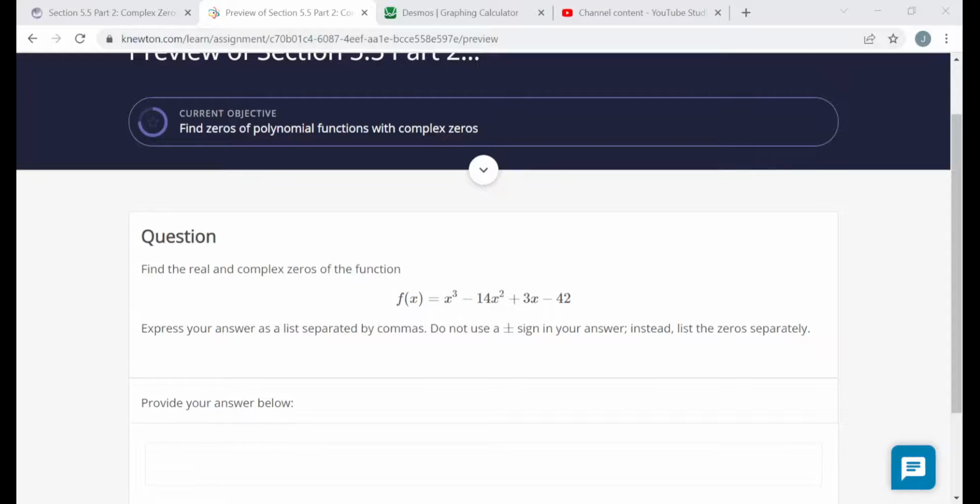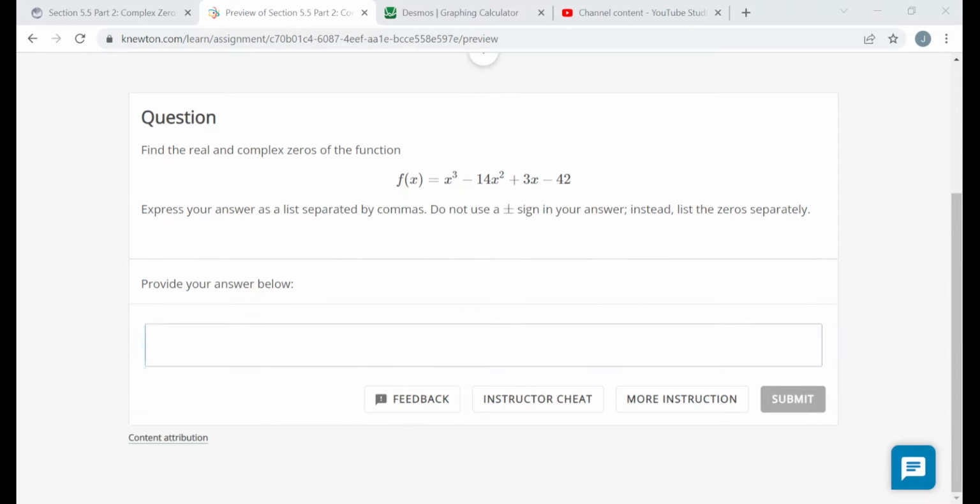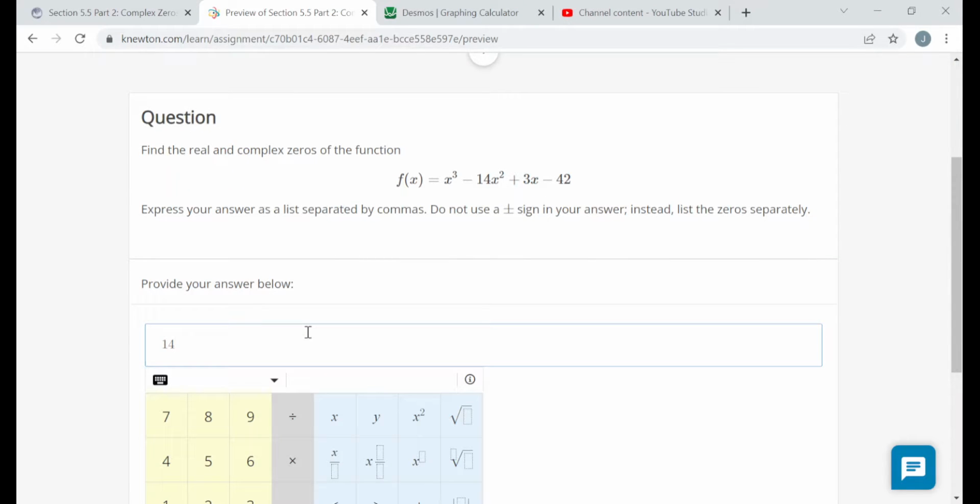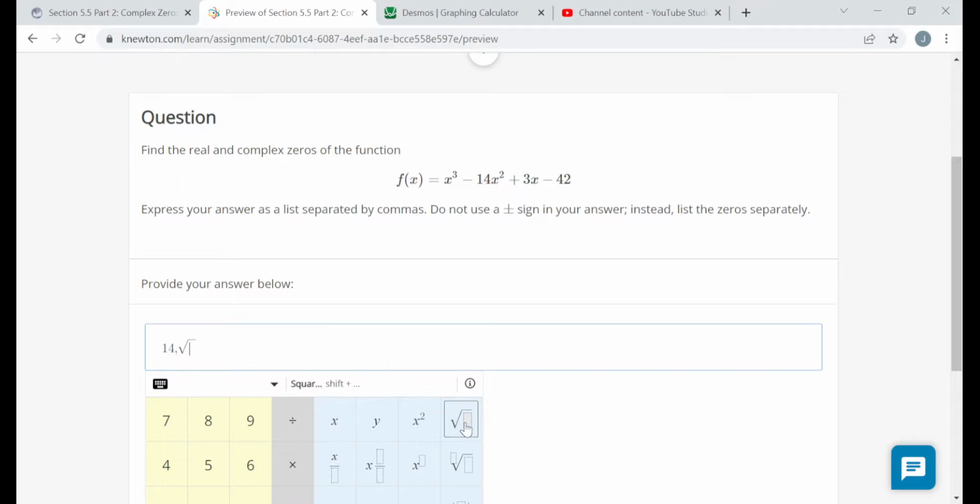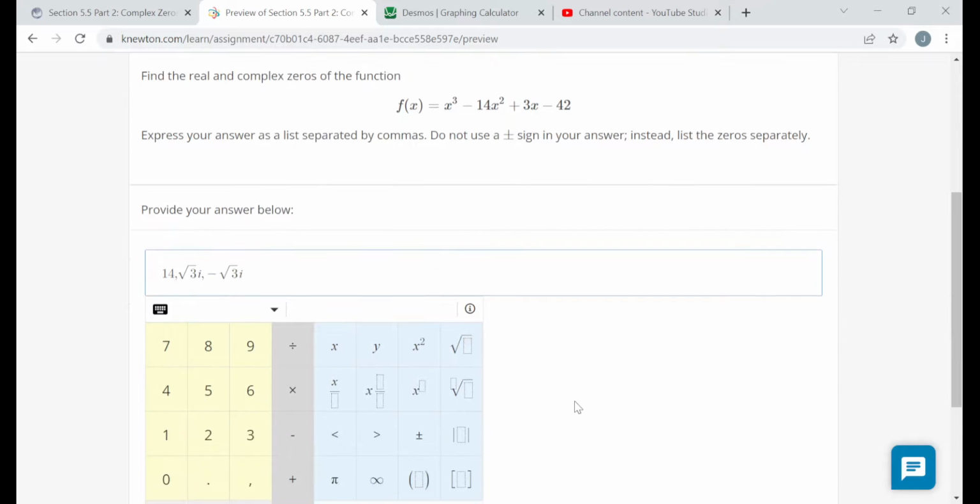And that's what I'll enter, again separated by commas. 14, comma, square root of 3, and then get the i out of the square root. Make sure the i is not inside the square root. In fact, most people will probably write i times the square root of 3, just to make sure. And then negative square root of 3, get the i out of the square root, and then times i.